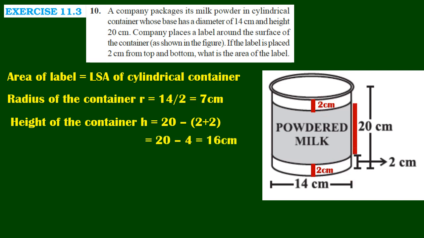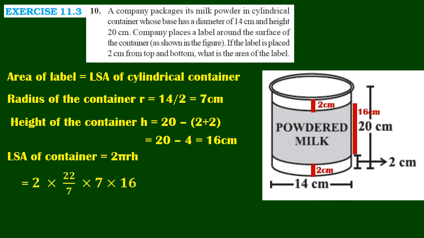So that means the height is 16 centimeter. That's all. Now you have to find the curved surface area of the cylinder. So 2 pi R H. On simplification, the area of the label is equal to 704 centimeter square.